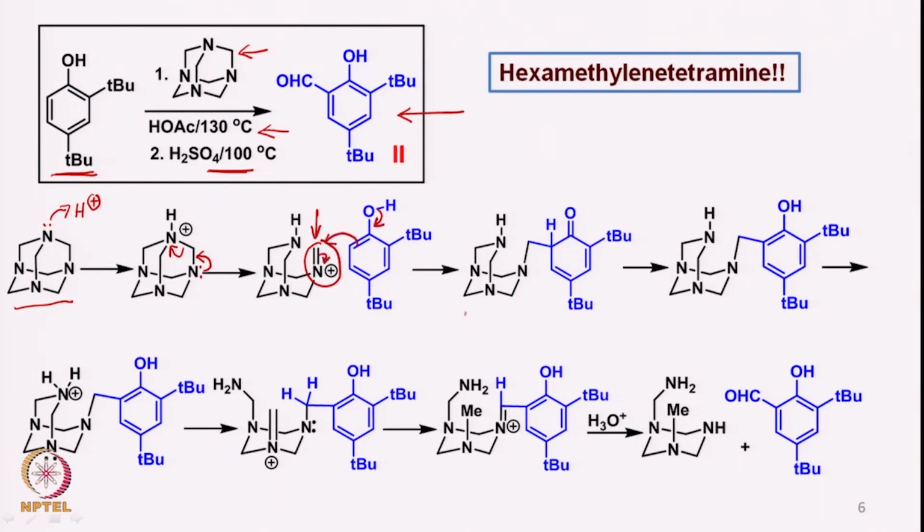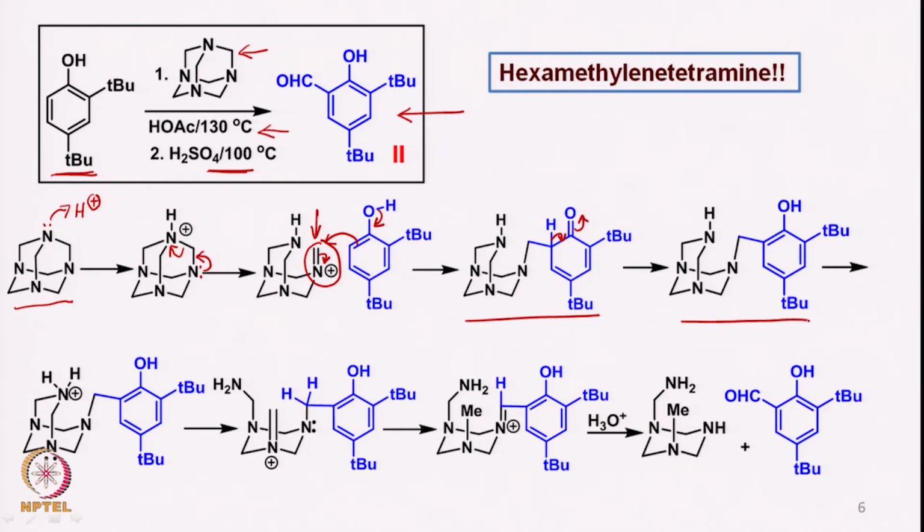and then we get this particular part where now the aromatic group has attached to the hexamethylene tetramine, and of course it gains the aromaticity and we get this particular molecule.